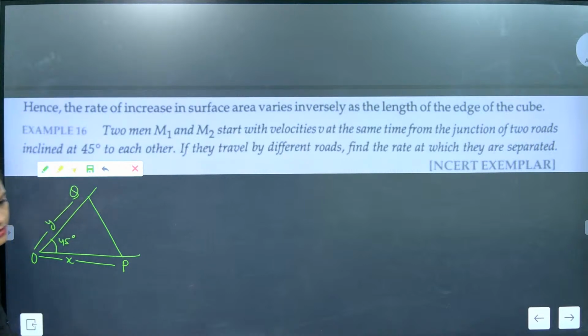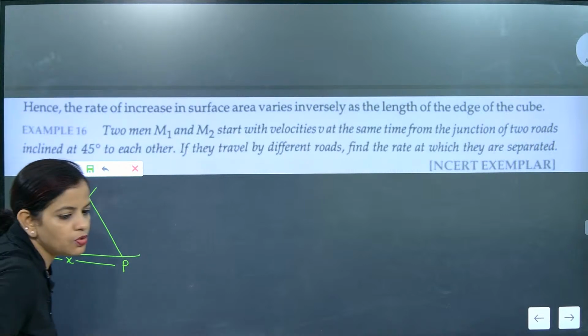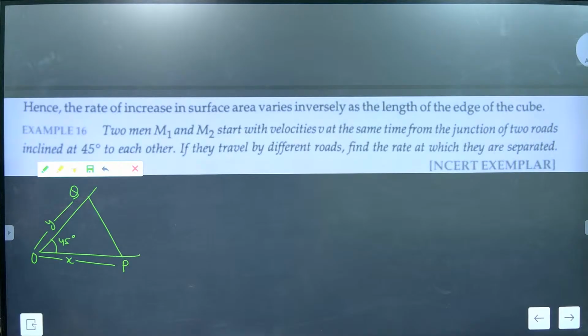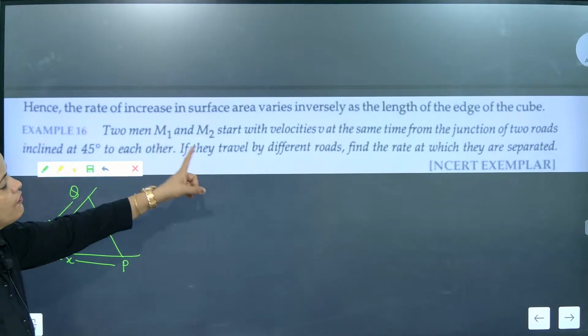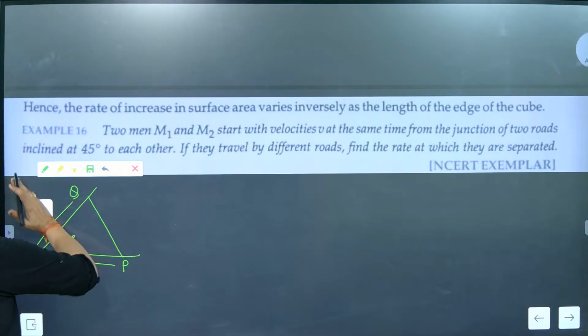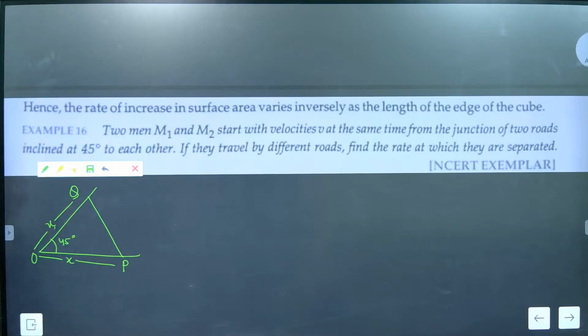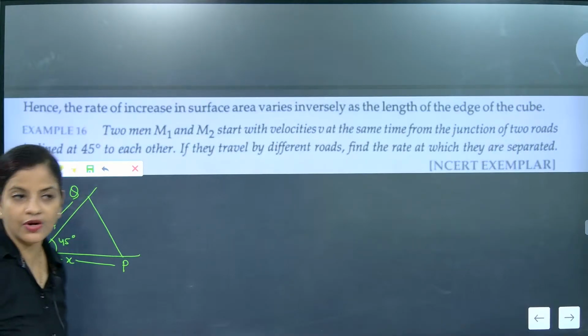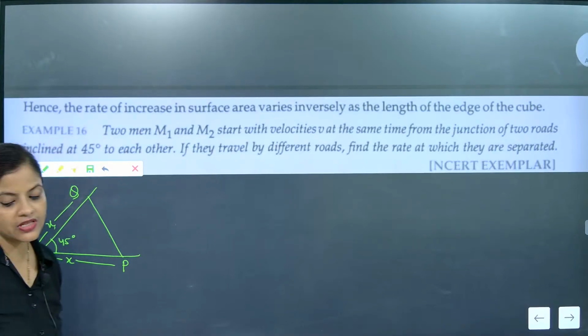So to find the rate, we have to find OP and OQ. We are going to take them as exactly the same. They are starting with the same pace.